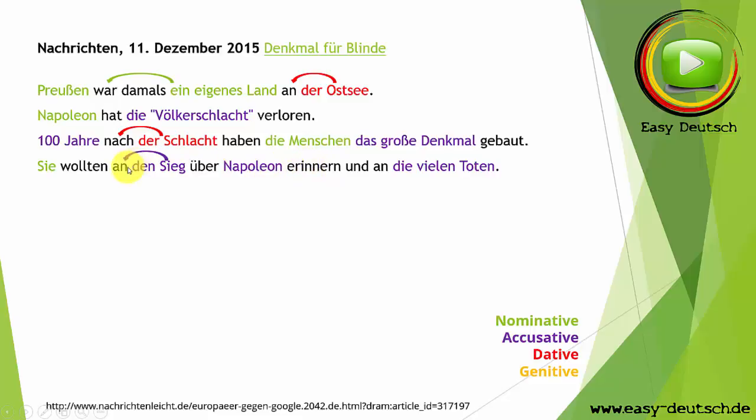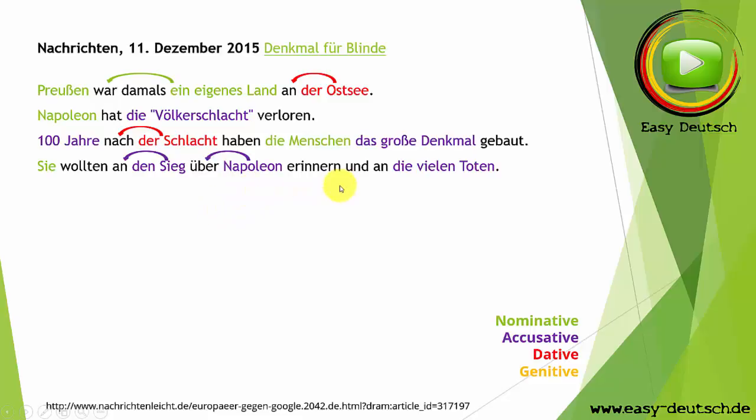But an is one of those prepositions that is unfortunately not 100%, but there are only two that are not 100%. It's an and auf. Every other preposition will make it 100%, like über. Über as a non-local preposition, accusative case, always.